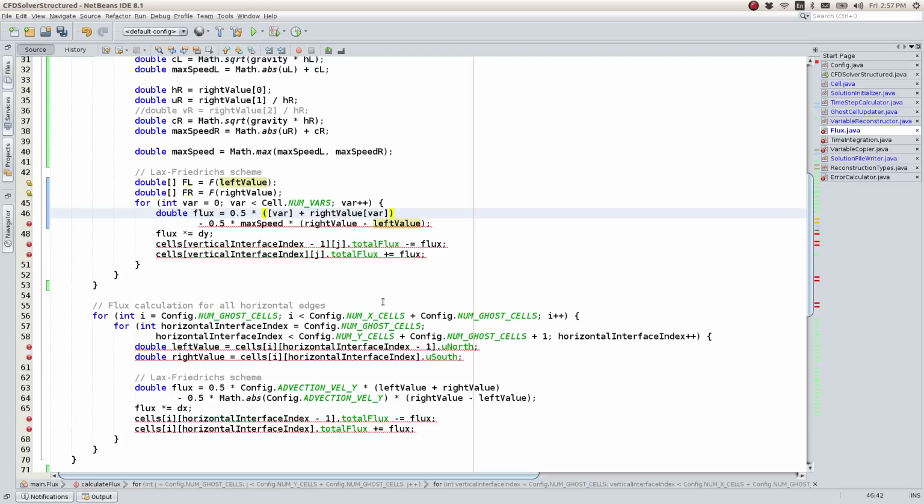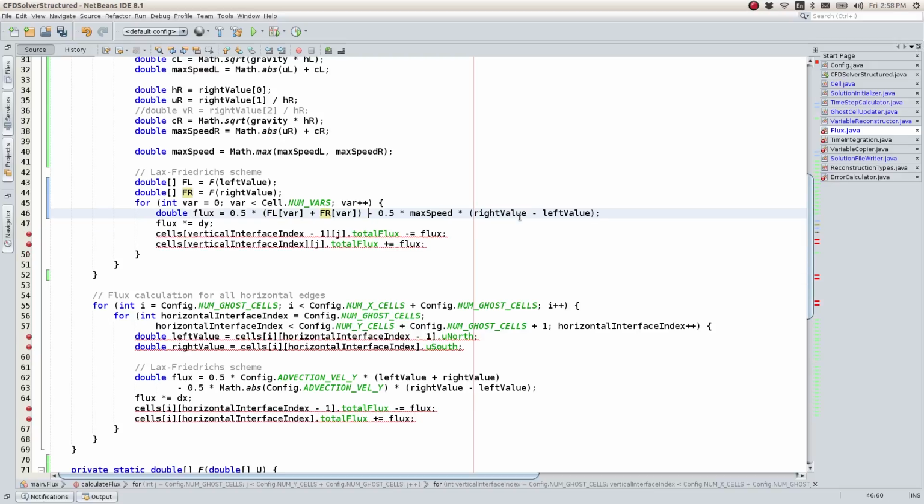So we'll have FL of variable plus FR of variable, times 0.5, minus 0.5 times max speed times right value variable minus left value variable, and that should be good enough.